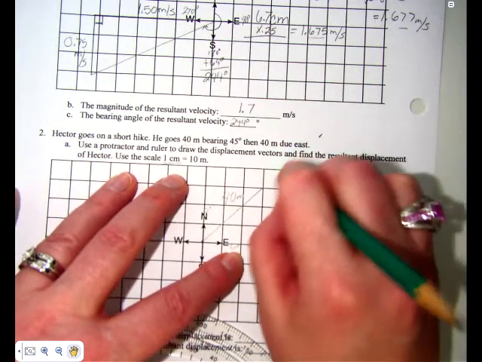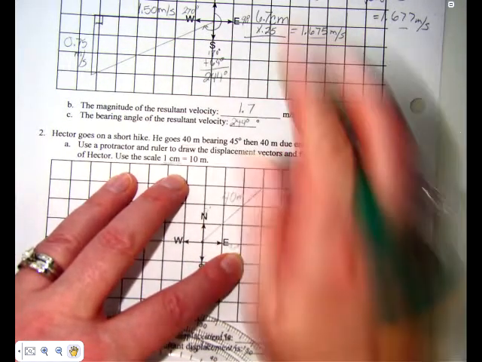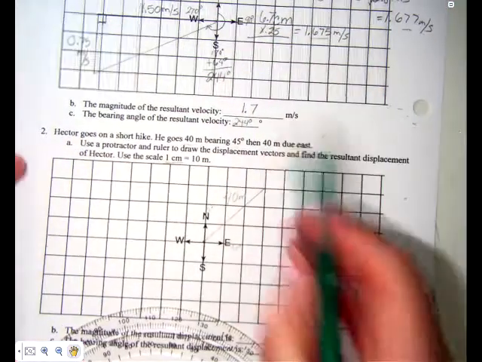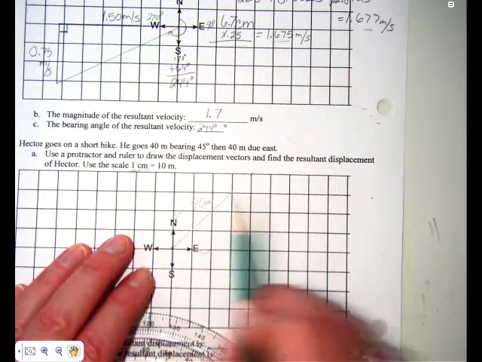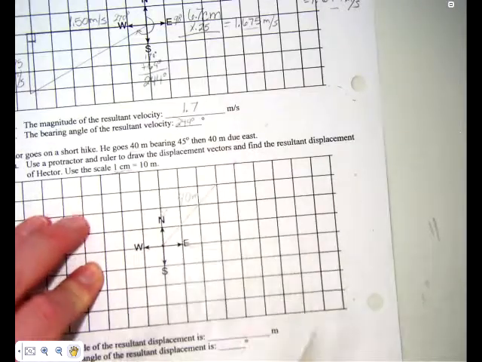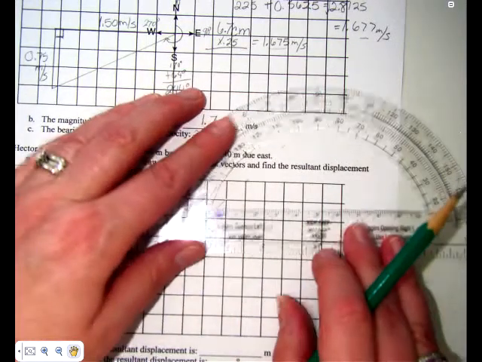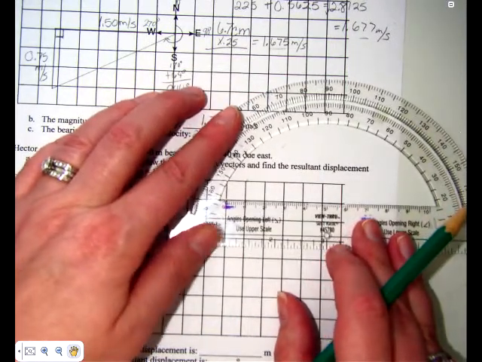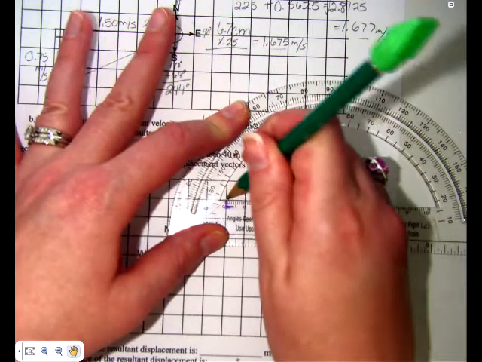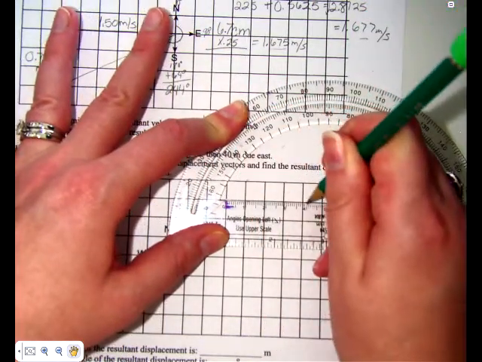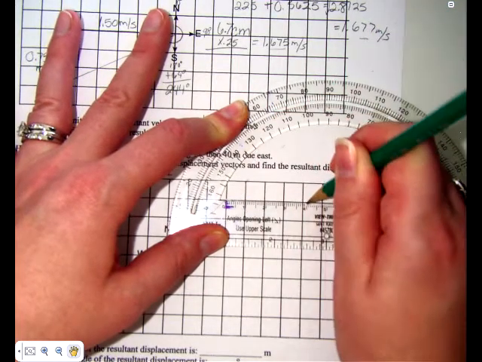Okay, and then he's going 40 meters due east, so that would be completely to the right. Again, 4 centimeters. We put 0 where that ended. 4 centimeters there.